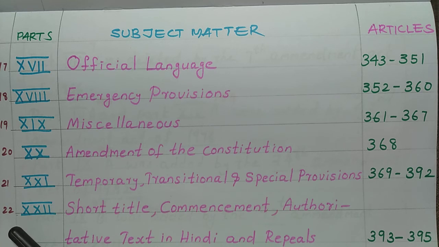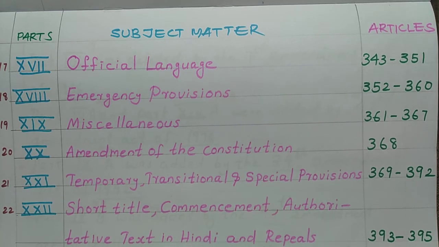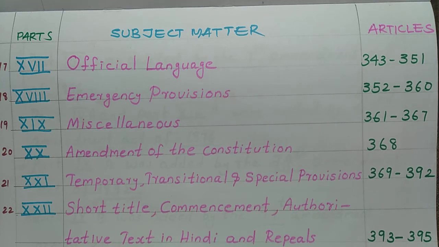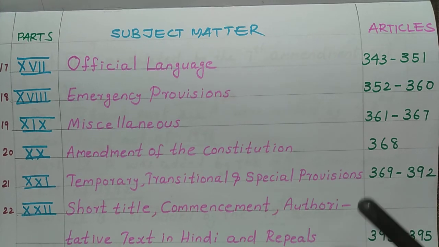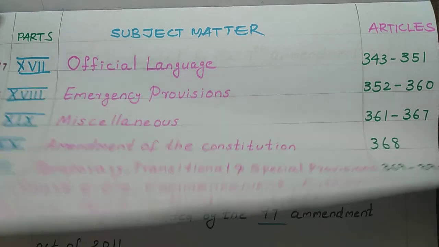Next one is Part 22. It includes short title, commencement, authoritative text in Hindi and repeals. All these come under Part 22 and the related articles are 392 to 395. That's all about our subject today.